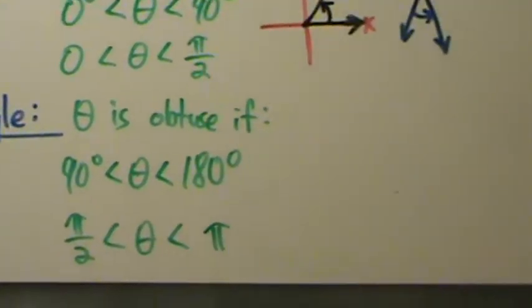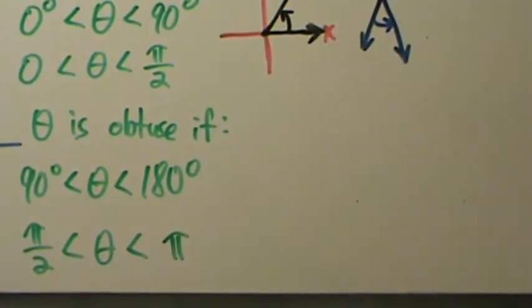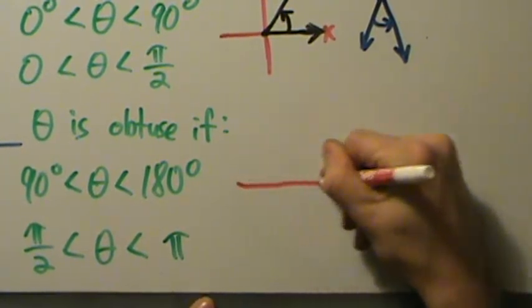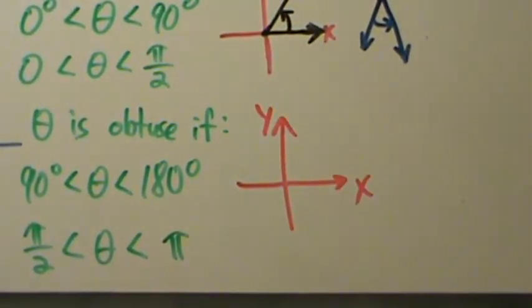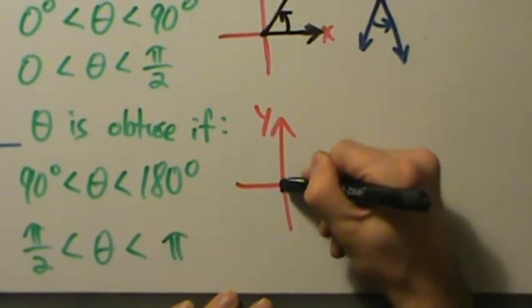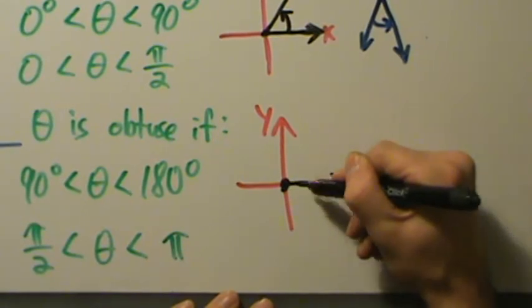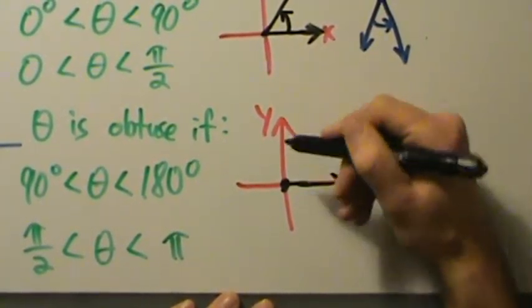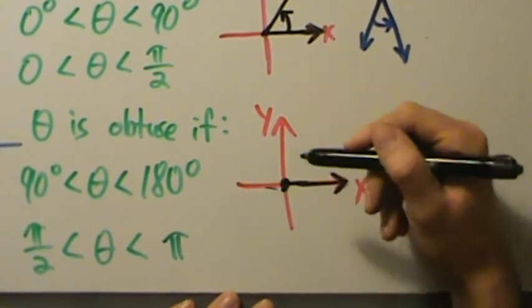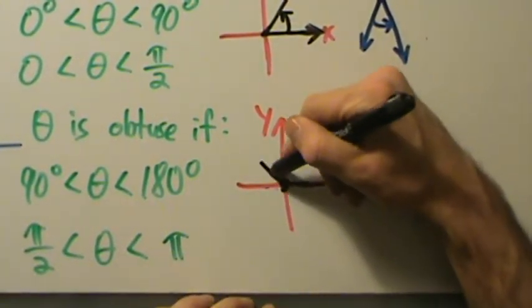Okay? So let's draw a couple examples of that. Let's do one in standard position. X-axis, y-axis. Vertex at the origin, initial side on the positive x-axis, so that's standard position. Now 90 degrees would be over here, 180 degrees would be over here, so obtuse would be anything in between.